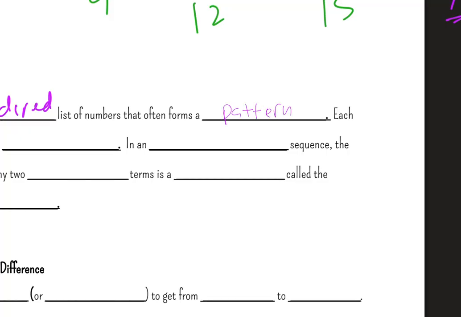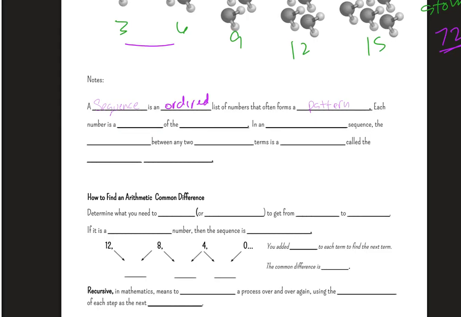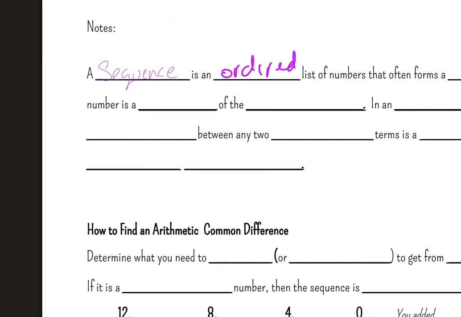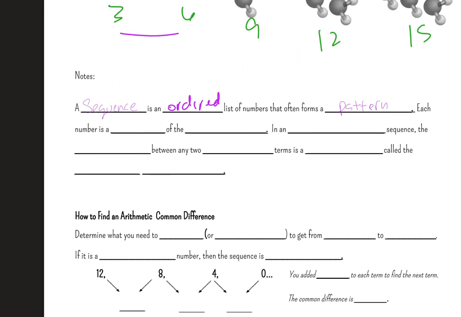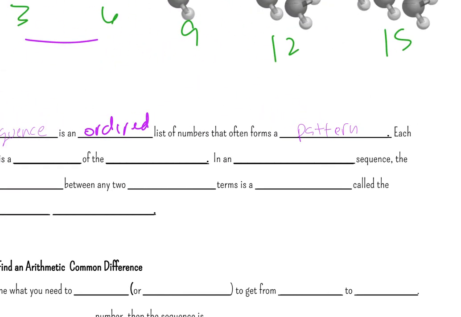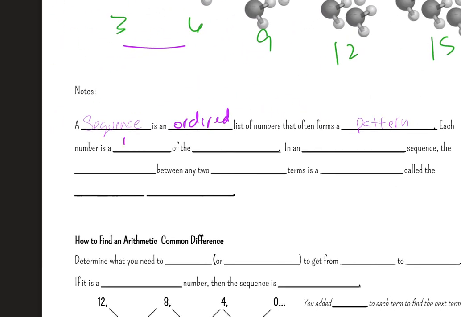By the way, there is no significance to this being bolded. I just sometimes when I zoom in and out, my pen decides to be dynamic. Anyway, so a sequence is an ordered list of numbers that often forms a pattern, period. Each number is a term of the sequence.